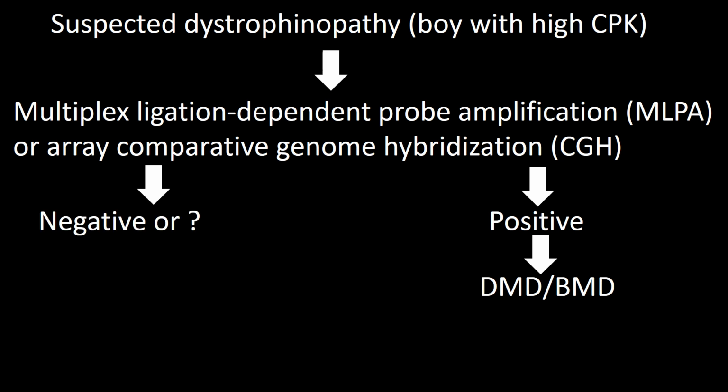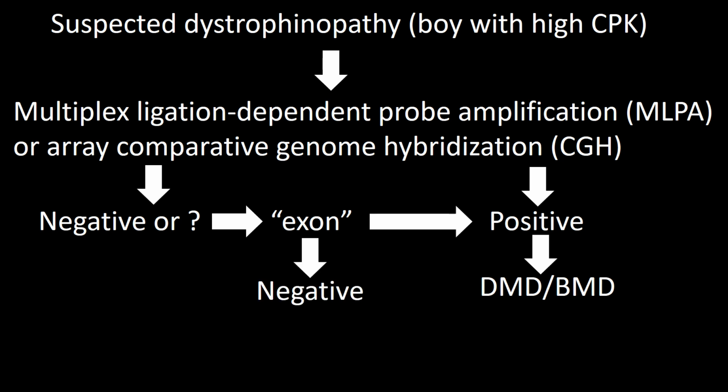If the MLPA or the CGH tests are negative or inconclusive, then you need to do an exon testing looking specifically at the dystrophin gene. If positive, the patient is affected. If negative, the next step is to do a muscle biopsy.